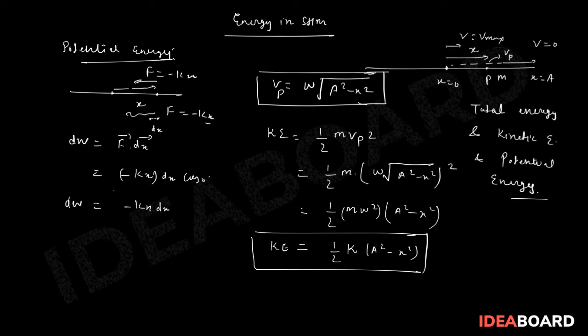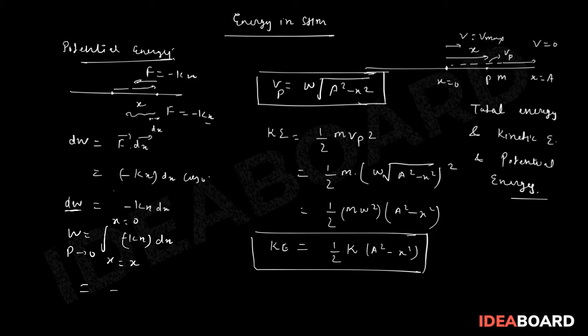Now we know that this small work will be converted into potential energy, right? So we can calculate W from point P to O as the integral of minus kx dx, and at P I was at x equal to x, and at O x will be 0.